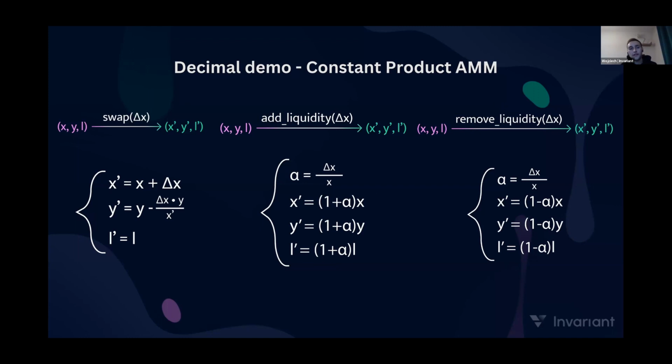Here I use state transition notation. I don't know if you are familiar with this notation, but on the left you have the state before some interaction, and on the right you have the state changed by this operation, and what exactly happens under the hood is described below.